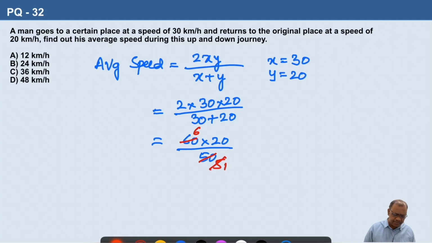So 5 1 time, 5 4 times. So what is remaining? 6 into 4, 24. 24 kilometers per hour. So this is the average speed. Option B is the correct answer.